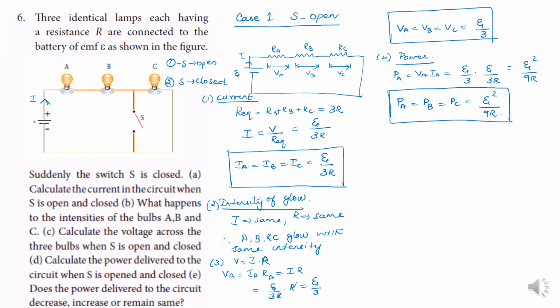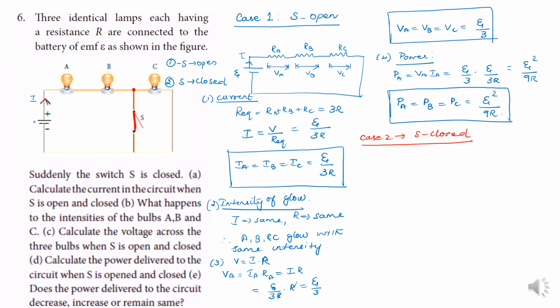When S is closed, case 2, S is closed. So when S is closed, this circuit is closed. Current is drawn from this EMF source. It flows through A and B and it comes to this point. At this point, it can flow through this. Now these are two branches connected to this junction.